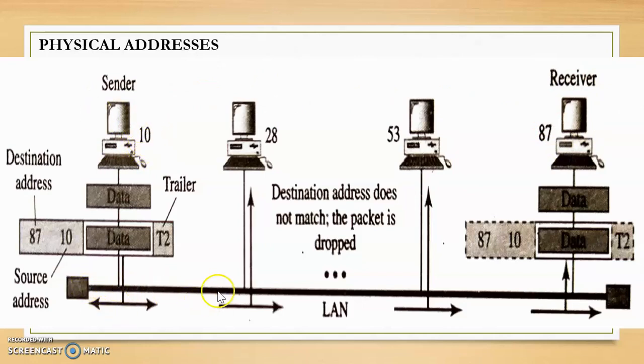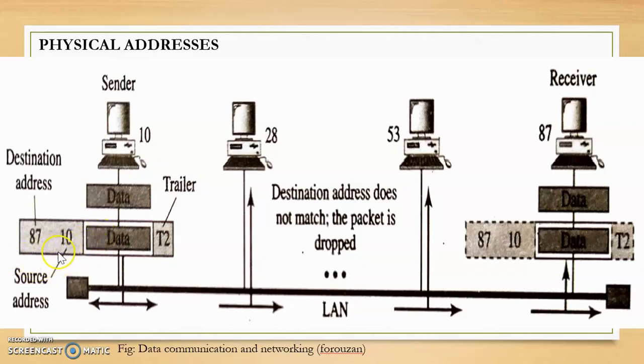Next, let us consider that all the devices are connected using a bus topology. The sender's computer will receive the data from the higher layer, that is from the network layer. Actually at the network layer, the IP addresses will be attached, that is not shown over here.